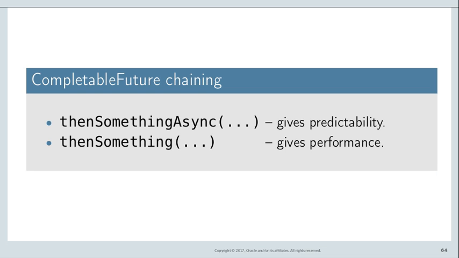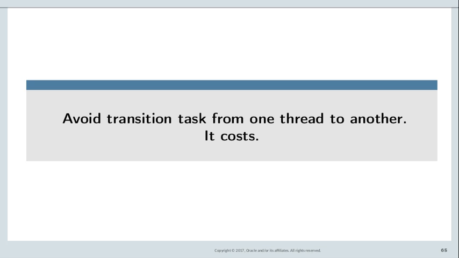Because thenApplyAsync or doSomethingAsync gives you predictability where that particular action will be executed. But default execution, when we forget about executor and just do as it was shown in examples before, gives us performance, and it could be important.